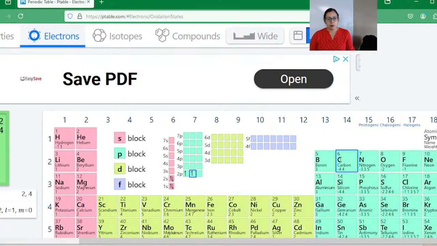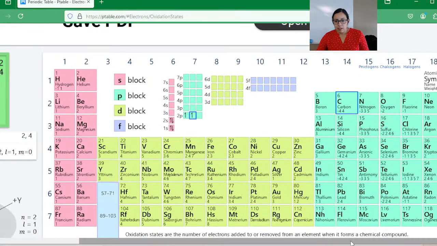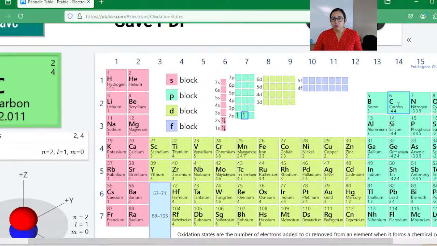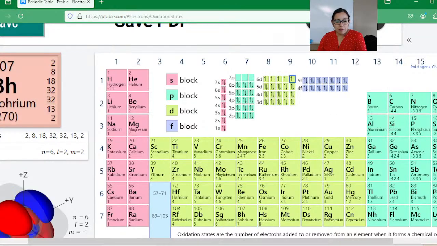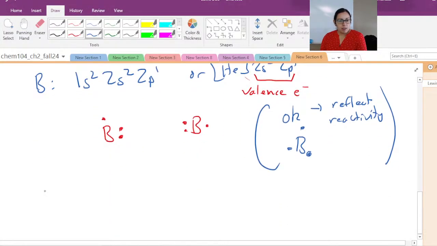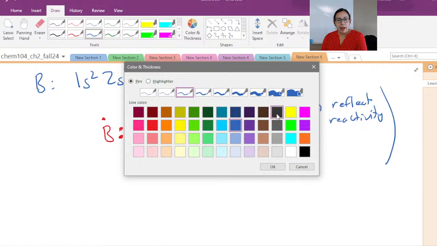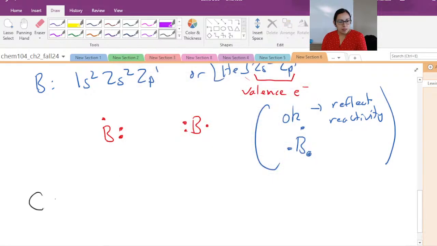So carbon is another funky one. And so carbon, we can just write out the electron configuration, following our pattern. Carbon, 1s2, 2s2. Now we're at 2p2.